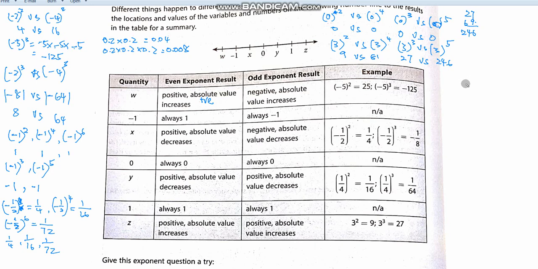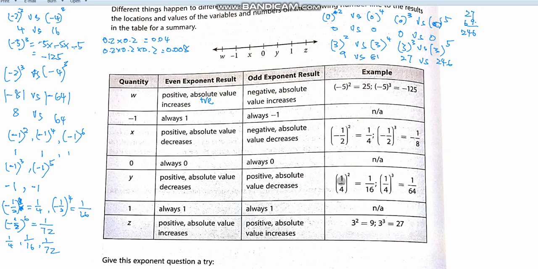In summary, if your base is a fraction that is in between 0 to 1 or 0 to minus 1, if you increase the exponential, the absolute value will decrease.